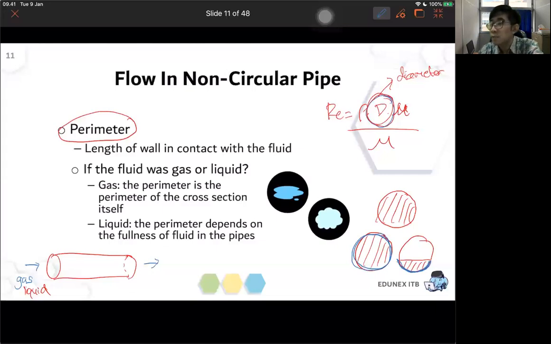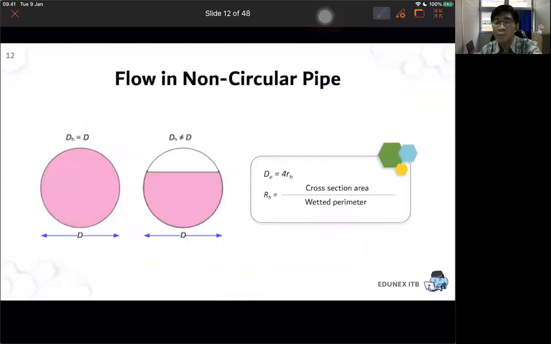How to calculate the value of D in the Reynolds number? You need to determine the perimeter first. After you know the perimeter, for the left figure, the perimeter will be this one. And for the right figure, the perimeter will be this one. This one is not the perimeter.